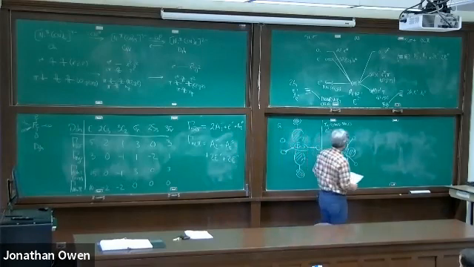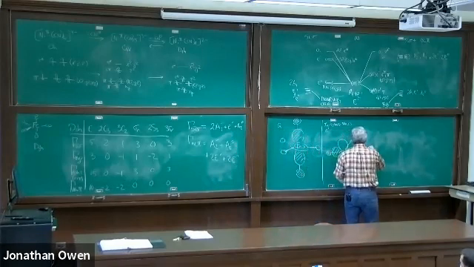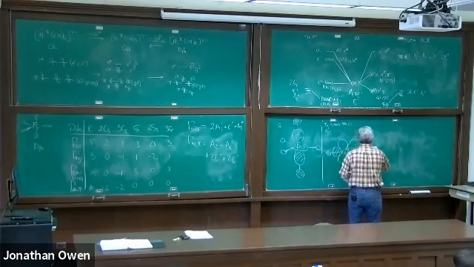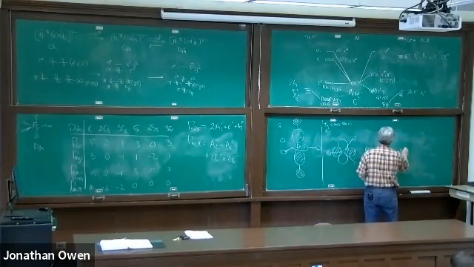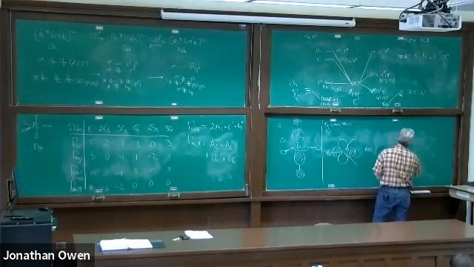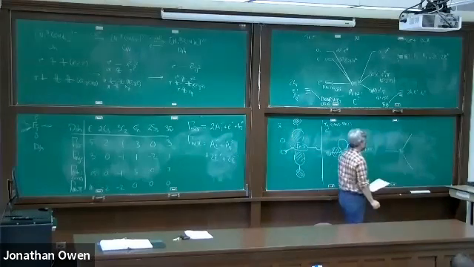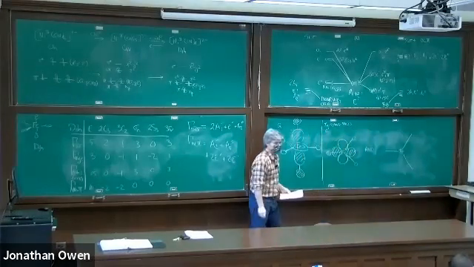Let's do the other one. How do we do the other one? How do we draw a d orbital on that ligand from there?